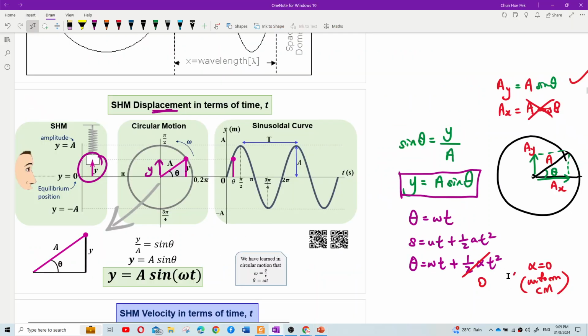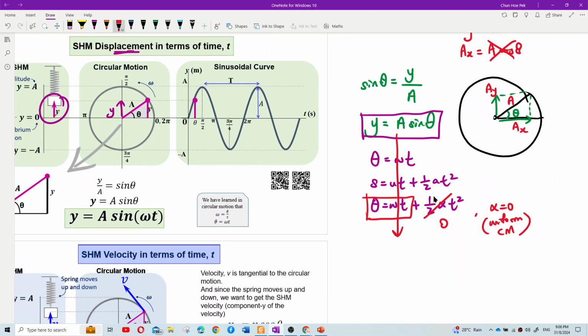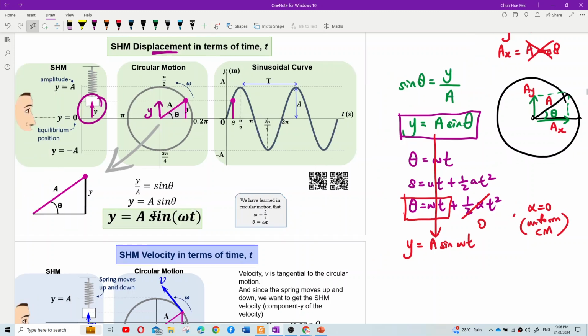So maksudnya formula ni theta ialah omega t je lah, sebab half alpha t square itu sudah kosong. So formula jadi apa, kelas? So dia jadi A sin omega t. Itulah formula dia.